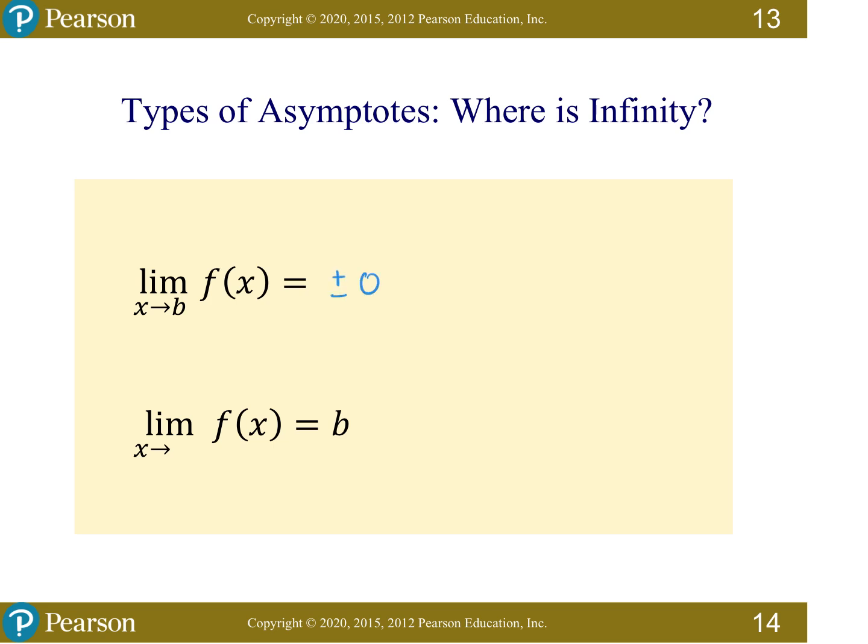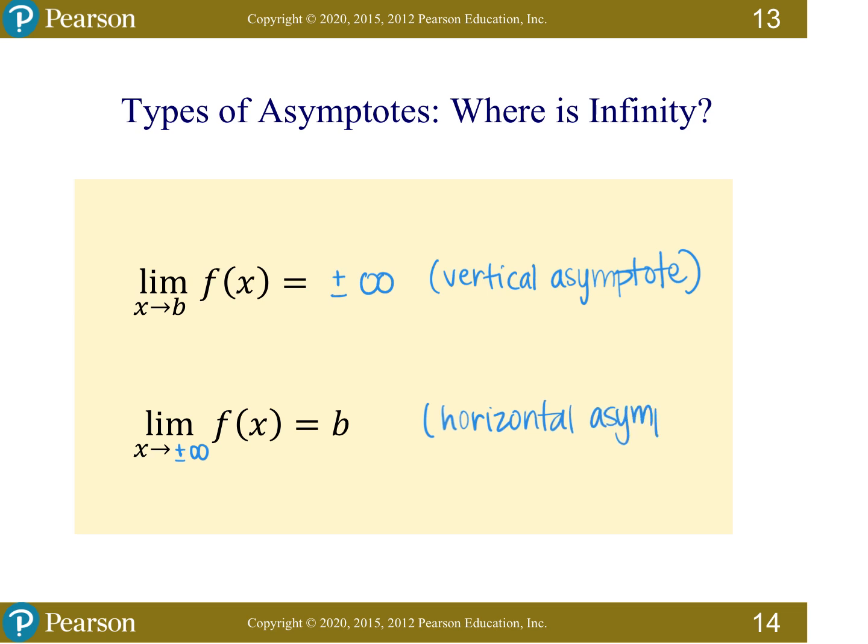If you have a limit and infinity is the result of that, that is a vertical asymptote. If you have a limit and the plus or minus infinity is part of what you are approaching, and you get a constant value as a result, if the infinity shows up somewhere else, that is a horizontal asymptote.